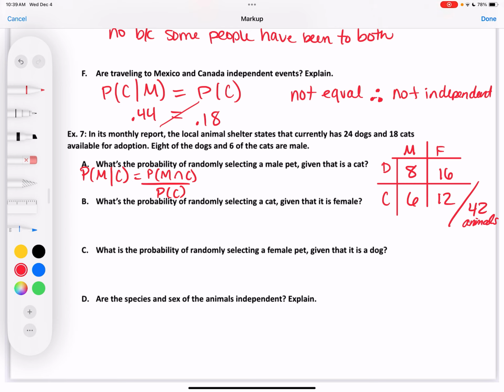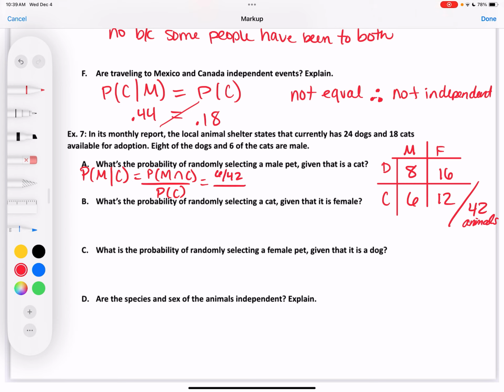So male cats, we need to figure out what the probability is of a male cat out of the total number of animals. So that's going to be 6 out of 42 over the probability of a cat, which is 18 out of 42.